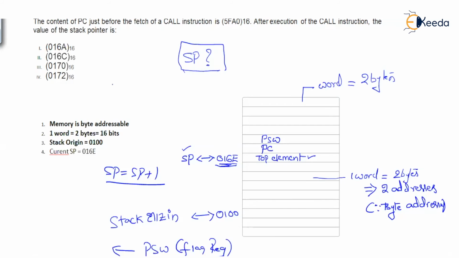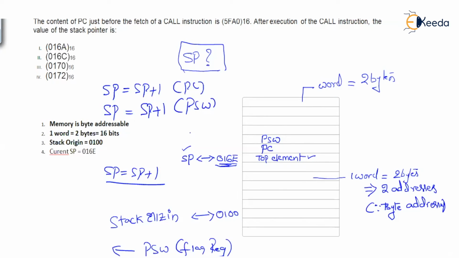So SP is equal to SP plus 1 after the program counter, then one more element is pushed, so SP is incremented one more time, SP plus 1 as the PSW also gets pushed.